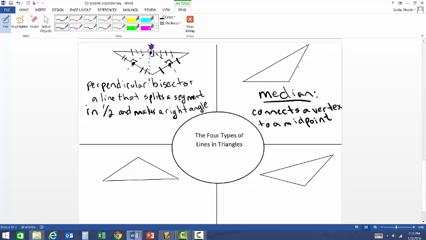So go ahead on your triangle and make the midpoint, and you'll have to eyeball it, do the best you can. Make the midpoint of each side of the triangle and then put in tick marks to show that.